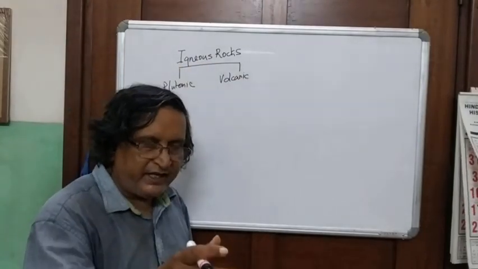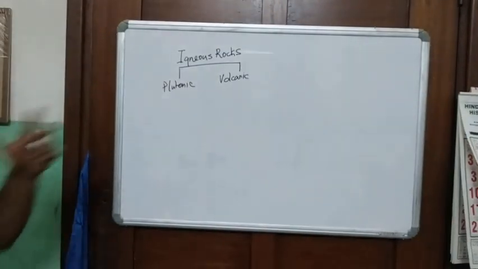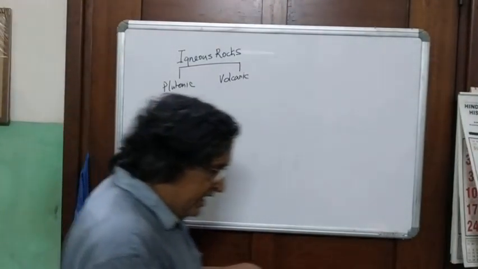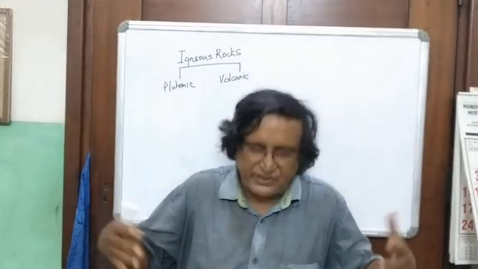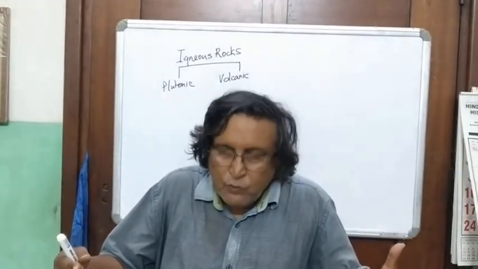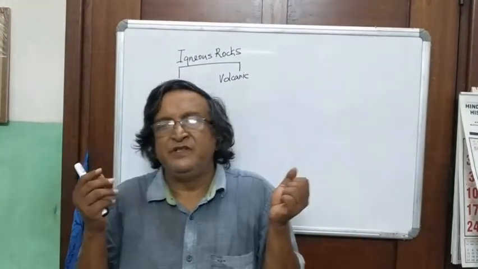So you have plutonic igneous rocks and volcanic igneous rocks. Now, what are igneous rocks? Igneous rocks are formed when somehow, somewhere, you melt a rock. So when you melt a rock, what happens?